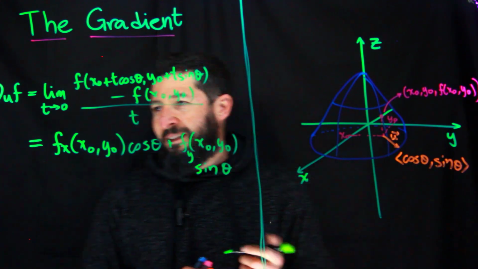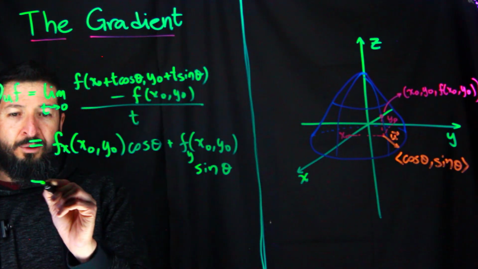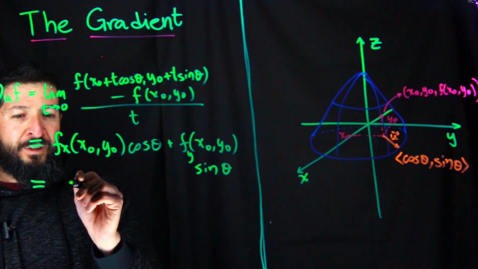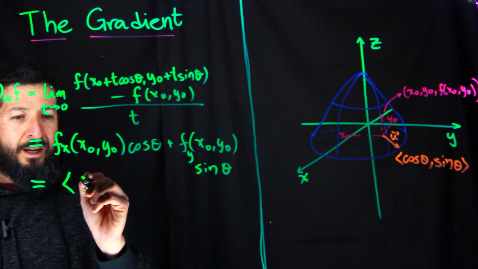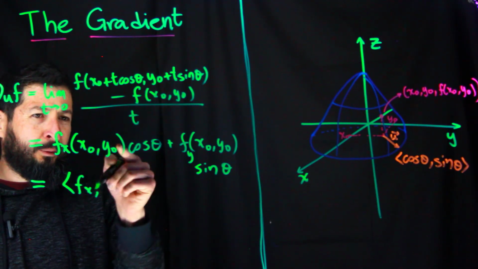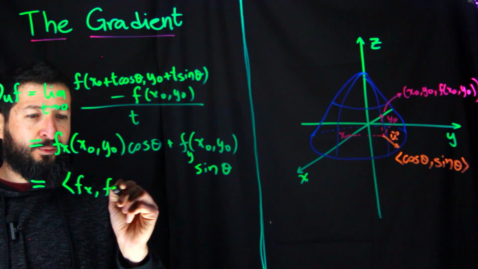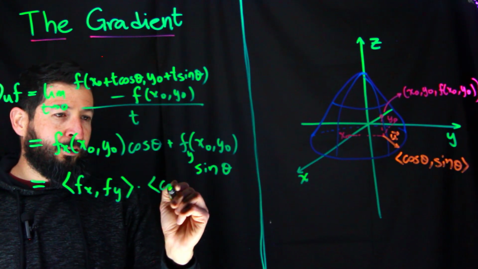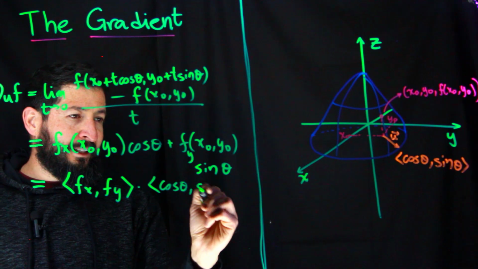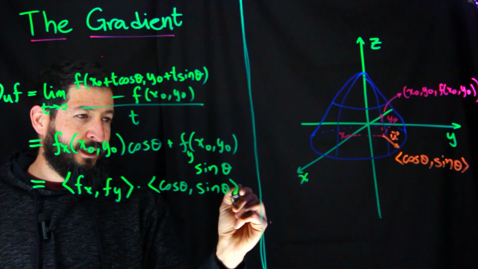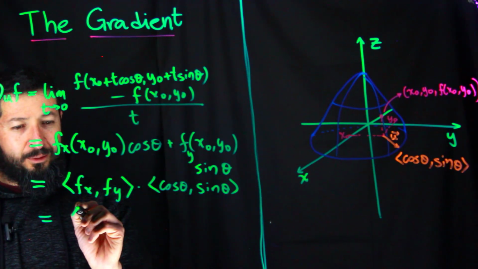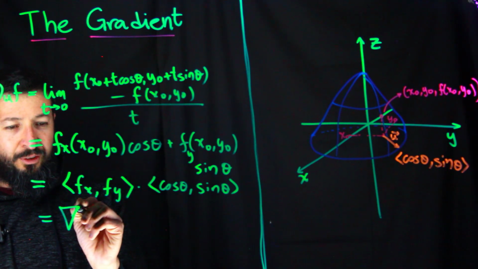Now, there's another thing that you can actually write. This would also be the dot product of the vector fx, fy, I'm just going to write without the x naught, y naught, dot the vector cosine theta, sine theta. Actually, let's call this by the name it should have.